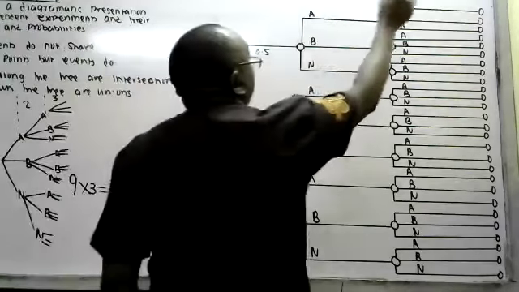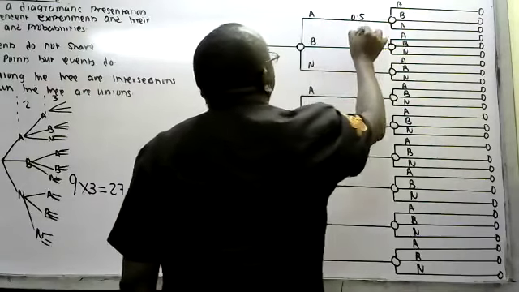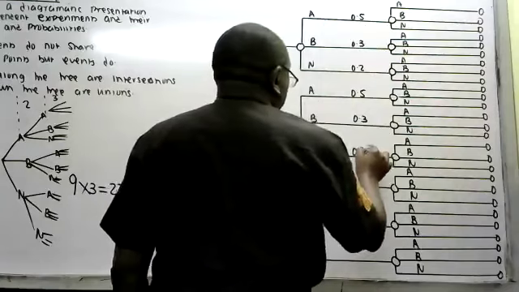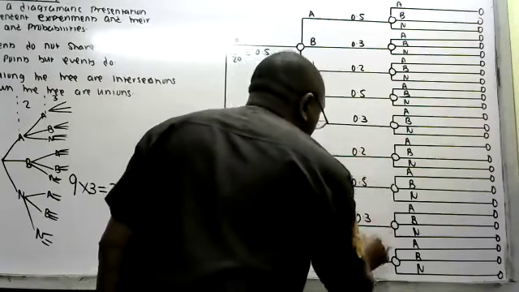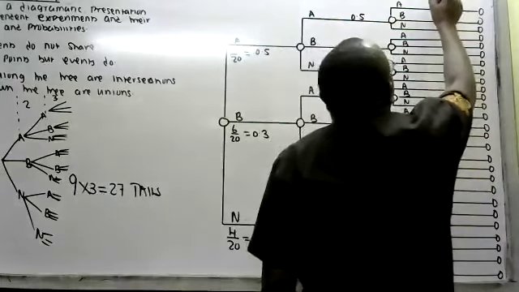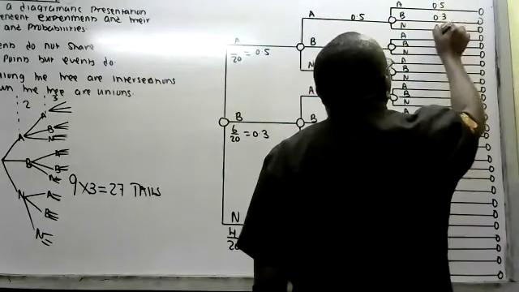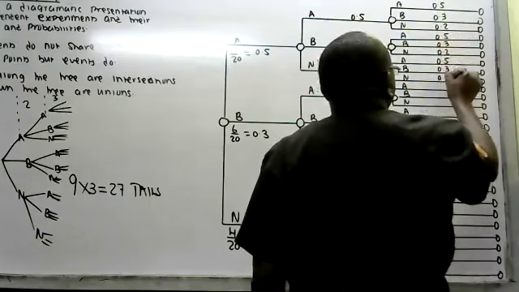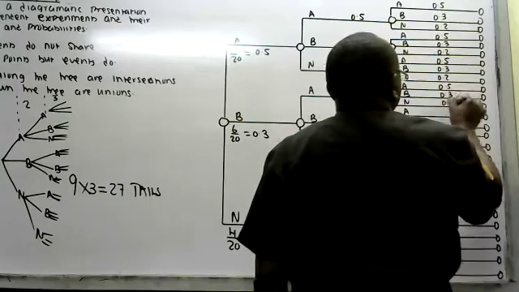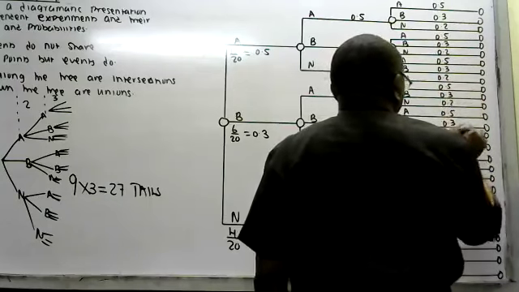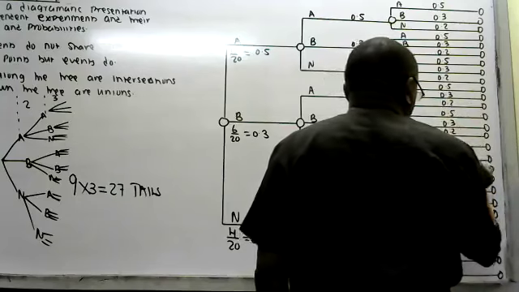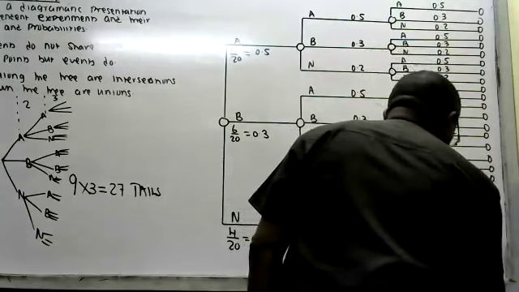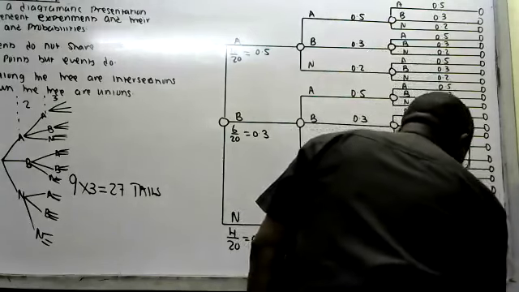So those probabilities go here: 0.5, 0.3, 0.2, on every set of branches, even here.